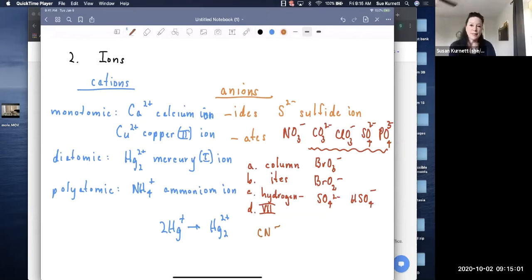The reason it doesn't make sense is -ides typically are just one element, but here we have 2 elements together. So that's not helpful, but it is real. We have to know it. Hydroxide is the strong base that is going to be super important in life and in chemistry. And again, it ends in -ide, but it doesn't really follow the rule for what we think -ides are.